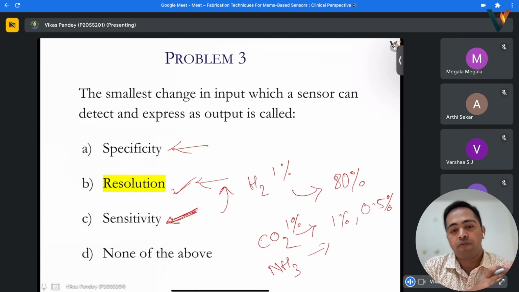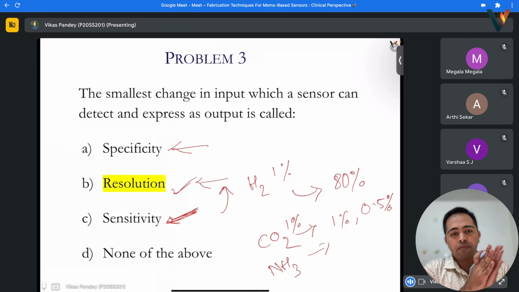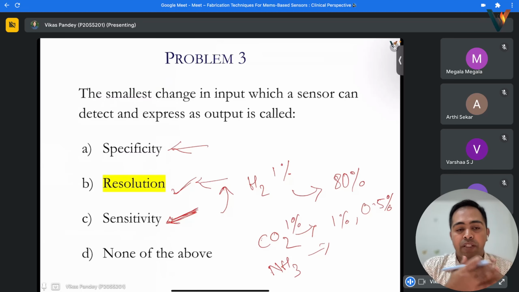Similarly, if we are going for biomolecules, a specific biomolecule, that sensor is very responsive or very sensitive to that specific biomolecule and not to others. And that is called specificity.